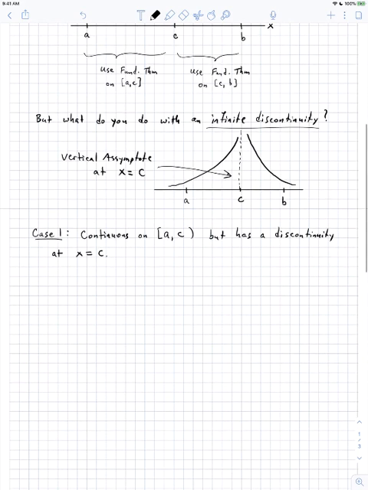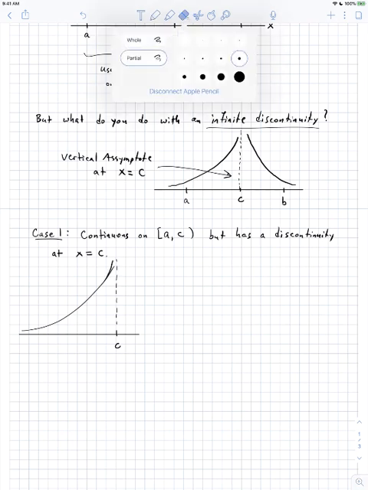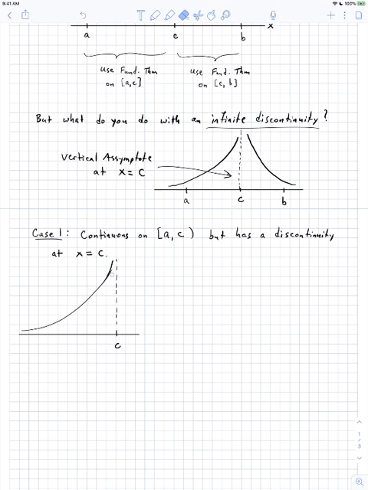So in this case, let's draw a picture. You're looking at the left side of what we have over there. So you have c here. Let's say it's going up like that. So this is the left side of our picture above.